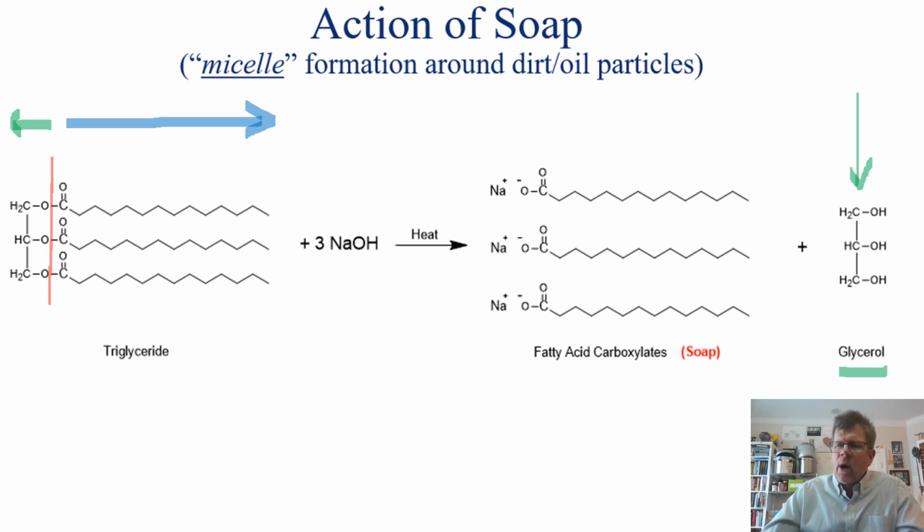However, if I wash my hands under the faucet and I use soap as well, and then I rinse off my hands, most of that dirt and oil, if not all of it, will be gone. So what is it about soap that can shuttle away, can remove dirt and oil so well, whereas regular water might not be able to? Well, let's take a look at that.